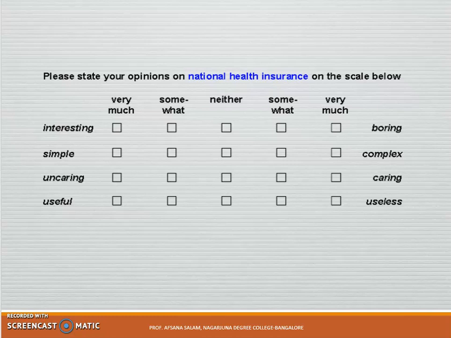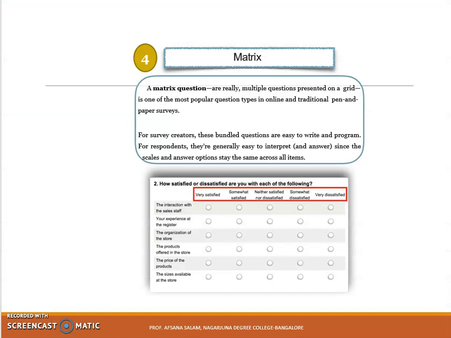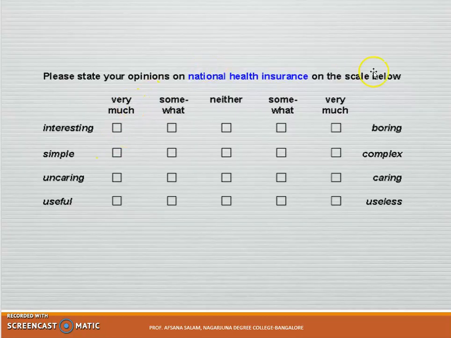Next, this is also an example for the bipolar. This is an opinion on the national health insurance. This is also based on a scale: simple, complex, interesting, boring, how boring it is sitting at home. So interesting, no. Then somewhat, very much boring, somewhat boring, neither.